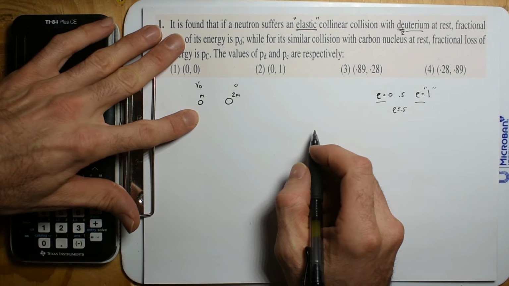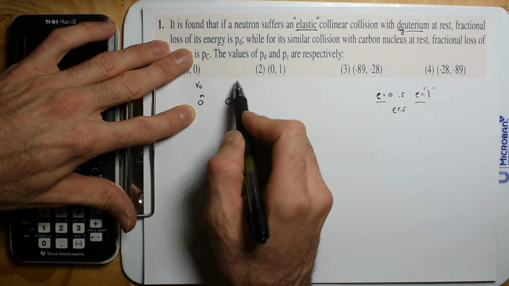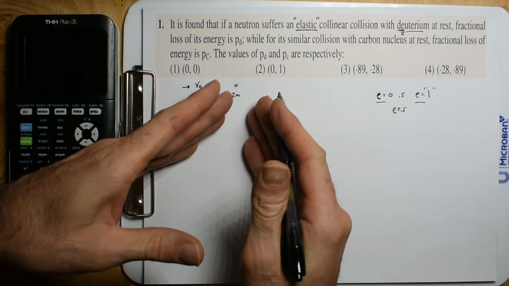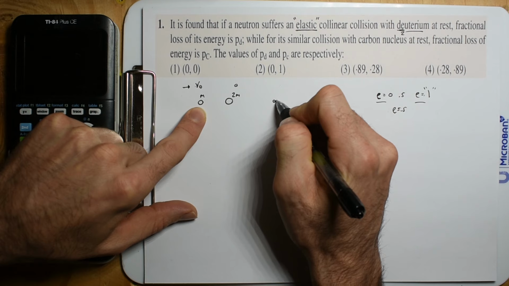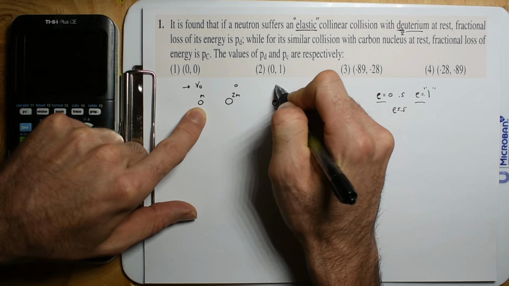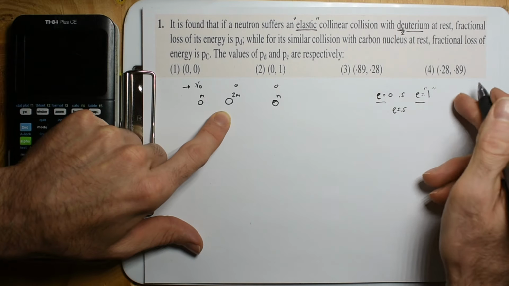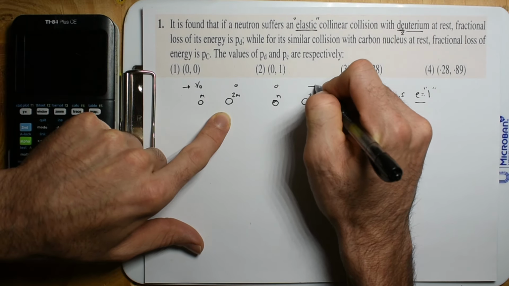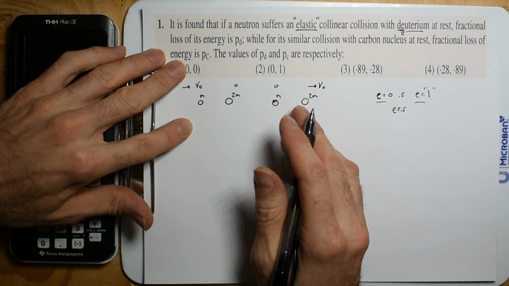So if this one's stationary and this one's coming in hot with v naught, then after they collide, let's say this one just stays put, so this mass has 0 velocity, and with a coefficient of restitution of 1, this 2m would have a velocity of v naught. Now their relative velocities are the same.